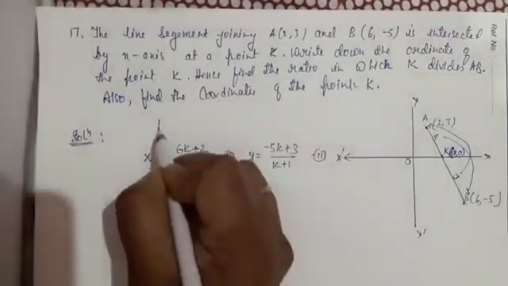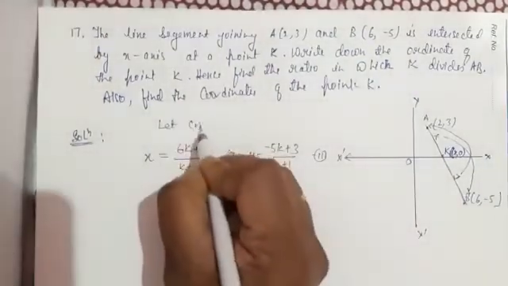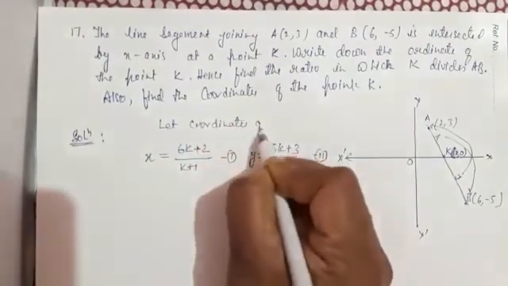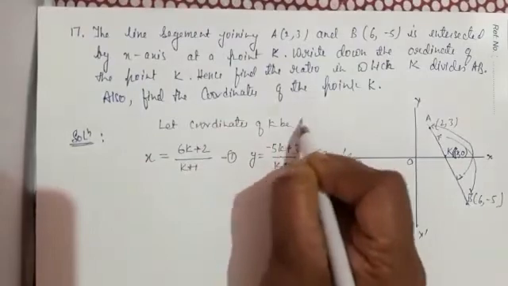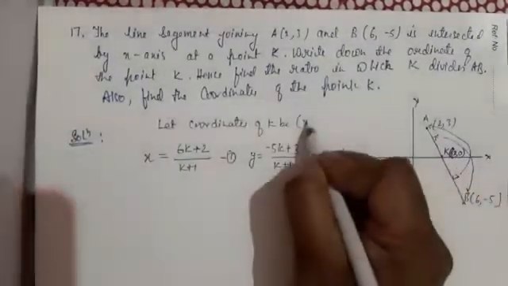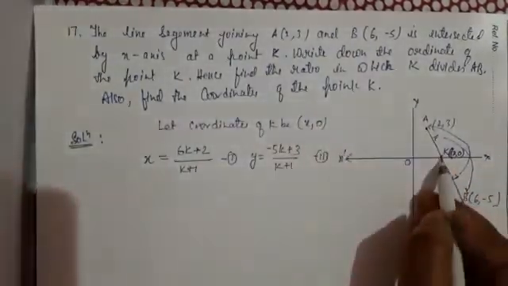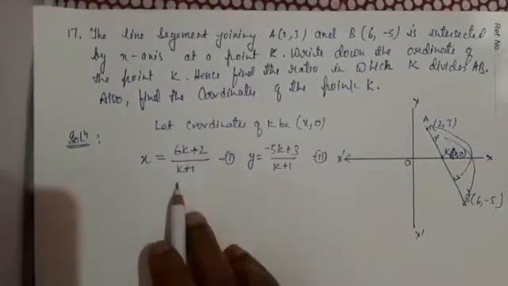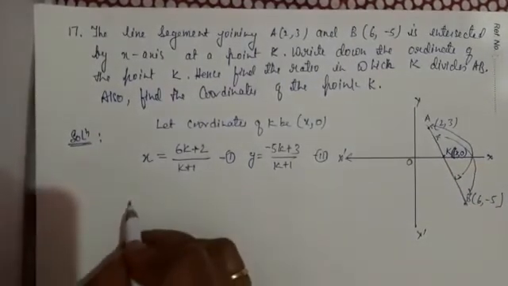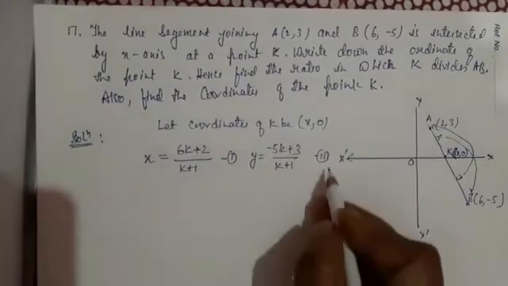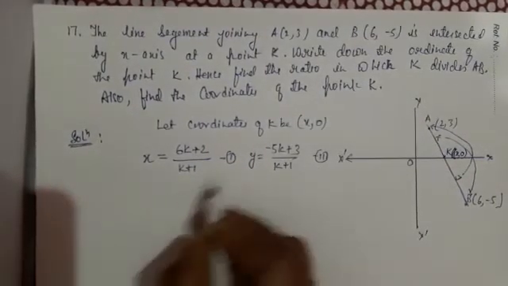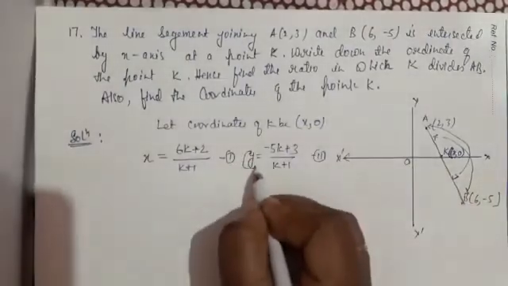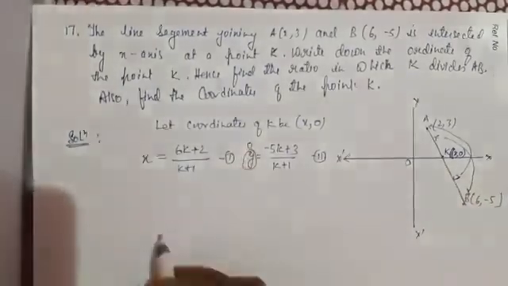Now in the beginning you can write let the coordinates of K be (x, 0), since we see that the y coordinate is 0. Now solving from equation 2, what do we have? The y coordinate here is 0. Therefore, in place of y we can write 0.